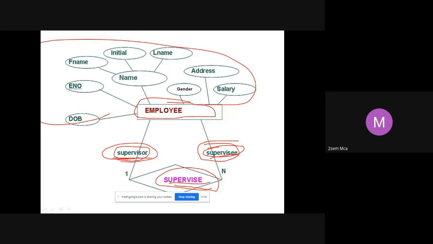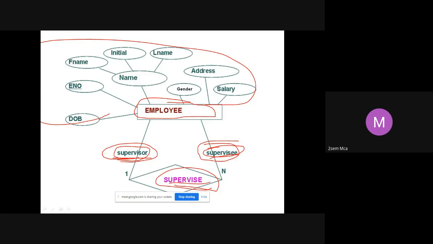So what is happening? I am supervising you, somebody else is supervising me. So I, as an employee, play the role of supervisor as well as supervisee. Such a relationship, where I as an entity am participating in the same relationship called supervise in two different roles. I supervise, and somebody supervises me also.